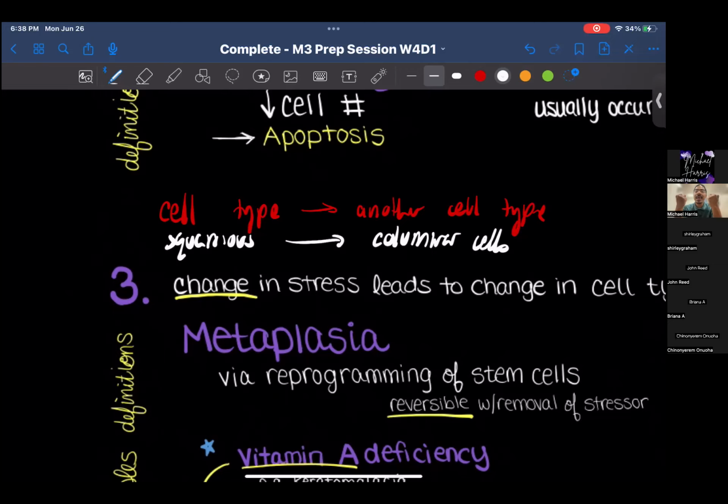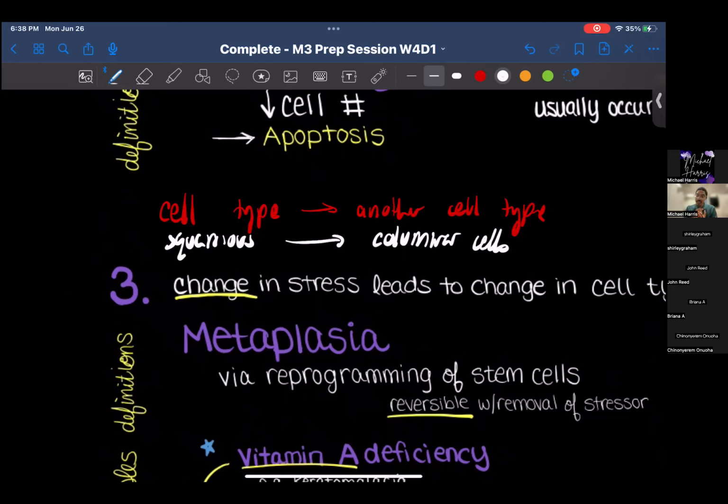Now, let's say you have very abrasive food that's stuck in your esophagus. Do you think it'd be more squamous cells or columnar cells that are more important here? Squamous cells. Perfect. And this is how you're going to remember it. Do not sit there and remember every single different one.